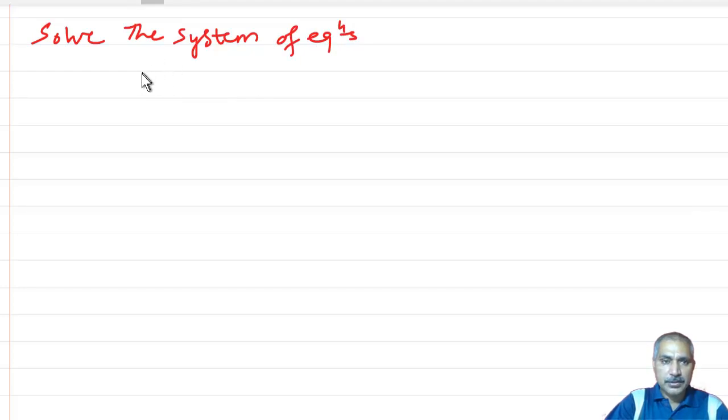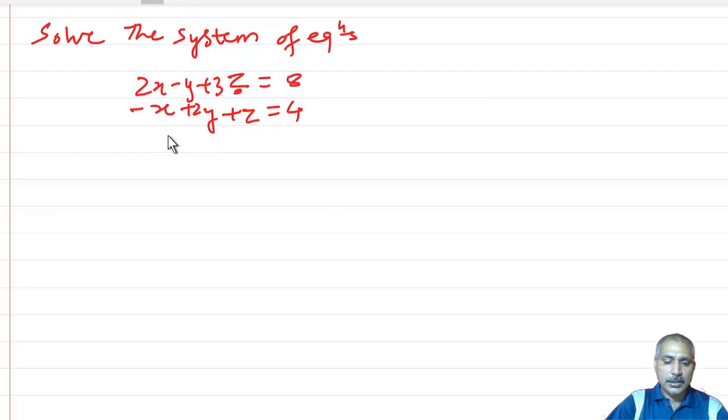Here we have been given the first equation as 2x minus y plus 3z equals 8, and minus x plus 2y plus z equals 4, and 3x plus y minus 4z is equal to 0.